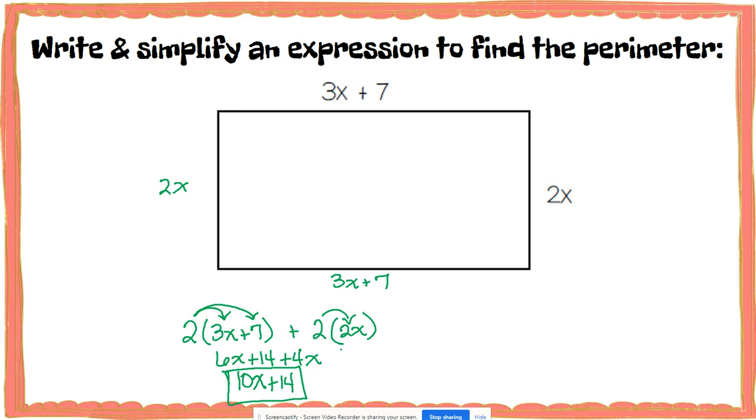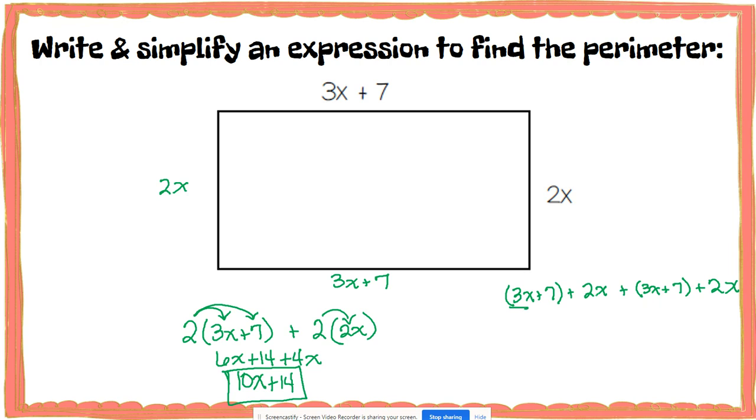If you don't want to do this with the distribution, you don't necessarily have to. You can look at this as if it is 3x plus 7 plus 2x plus 3x plus 7 plus 2x. In this case, there's no distribution that needs to happen, and instead, we would only need to combine like terms.